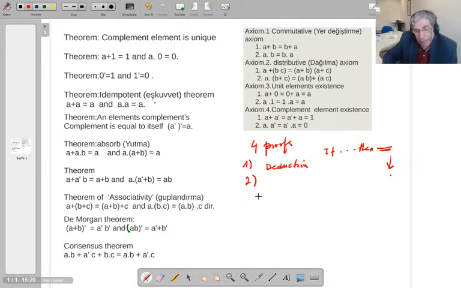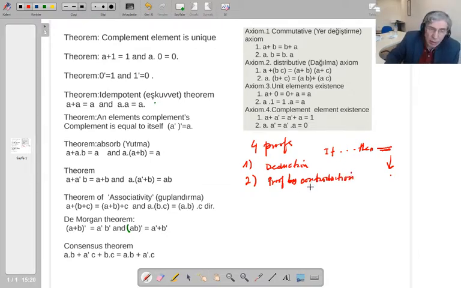The second one is a proof by contradiction. What is this? In Turkish, this is olmayan ergi. How this works: you said if something is true, that is true.